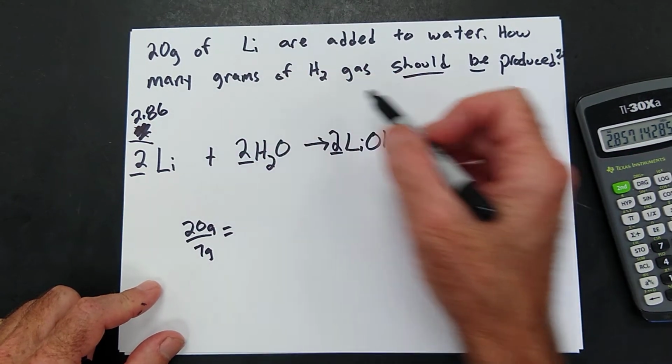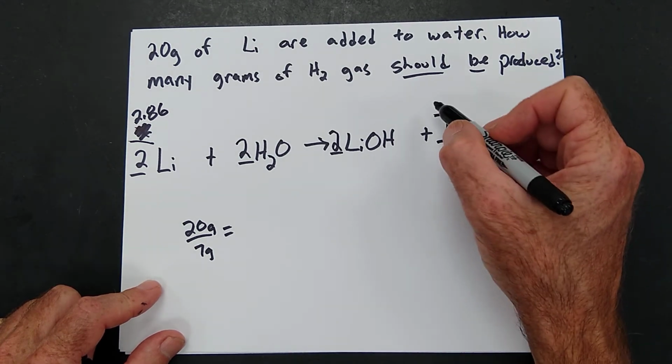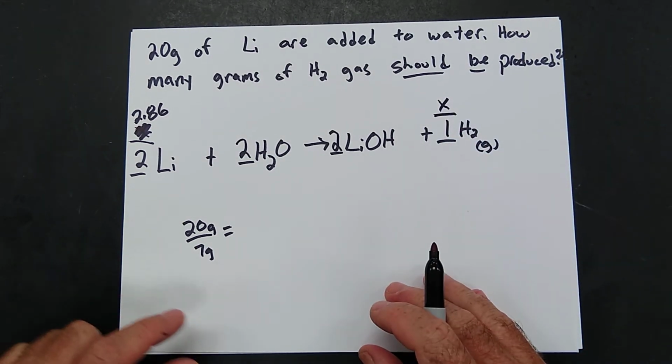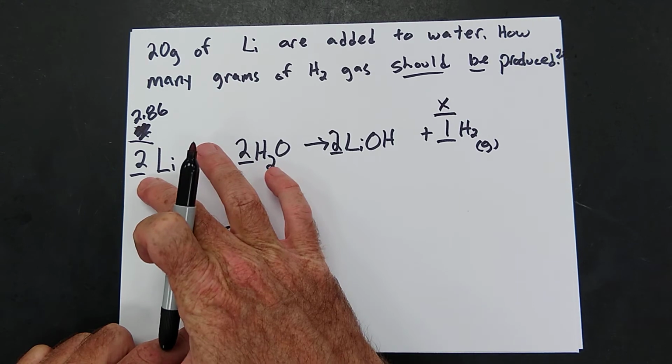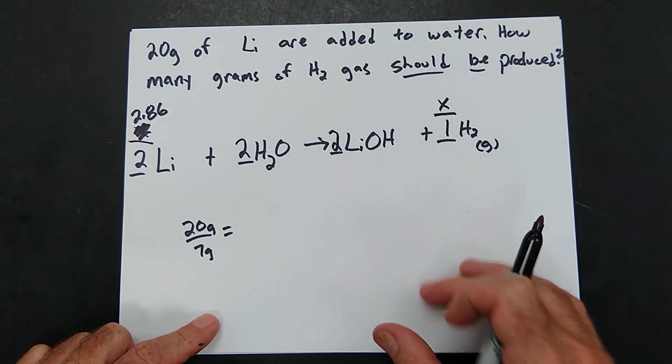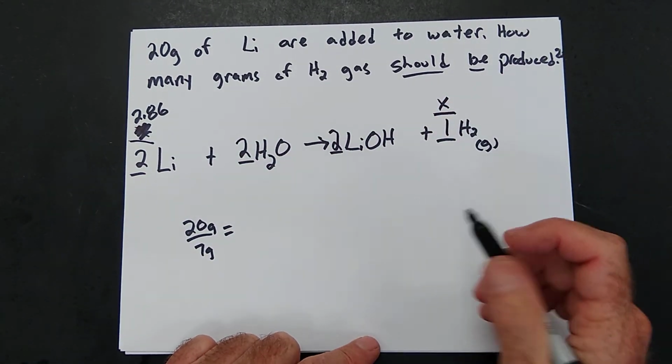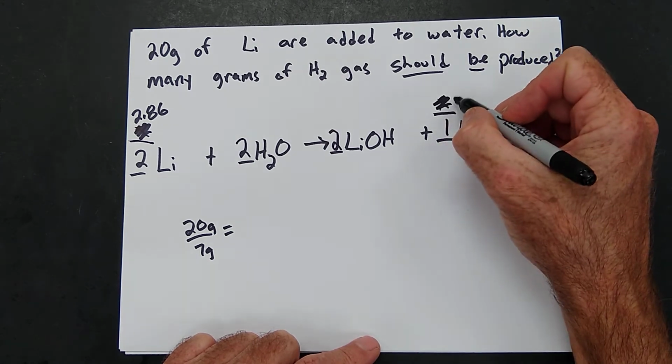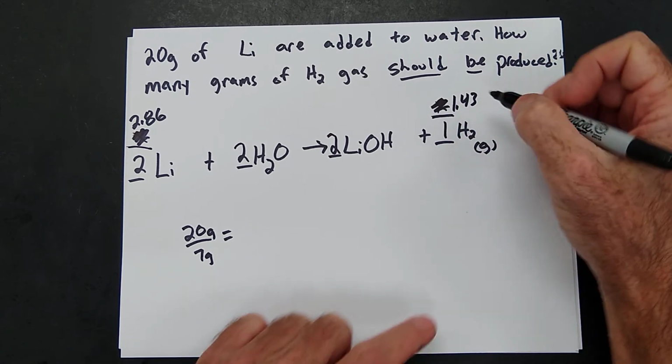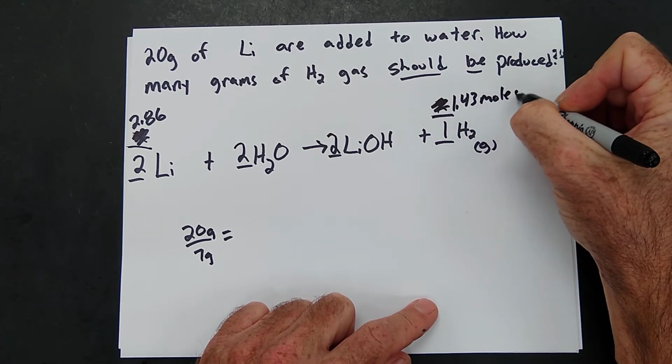How many grams of hydrogen gas? Well, first we need to solve for how many moles. 2.86 is to 2 as x is to 1. What is x? X is going to be 1.43 moles. You're correct.